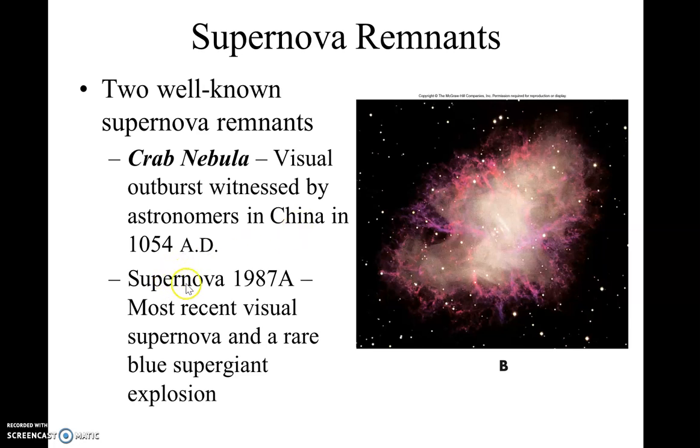All right, and then there's actually a recent supernova called supernova 1987A, and this actually occurred in the southern hemisphere and was observed. The thing that's important about this one is, well, first of all, it was a visual supernova. There are supernovas going off all the time if you count the entire universe.